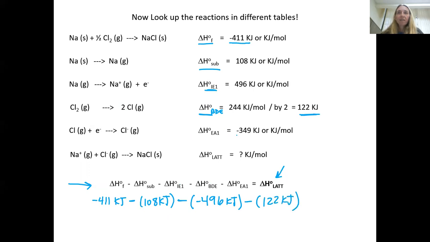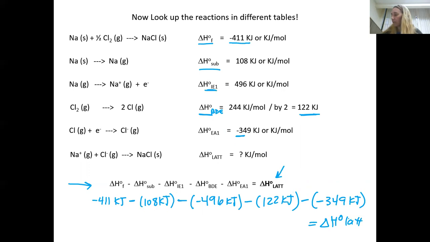The next, I'm going to subtract my electron affinity. And that's a negative number. So I'm going to subtract a negative 349 kilojoules. And all of that is going to equal my delta H lattice energy.